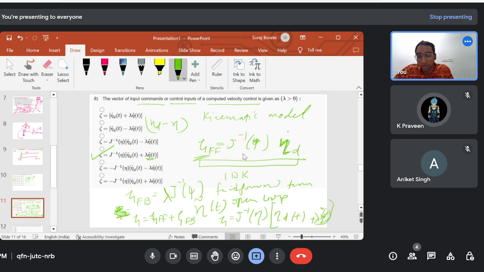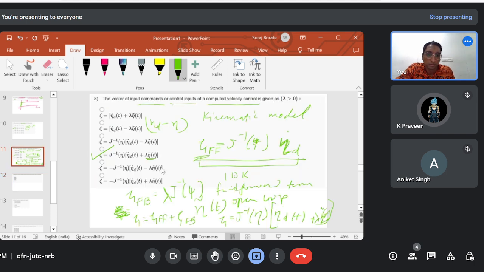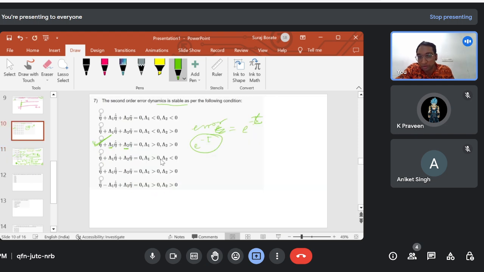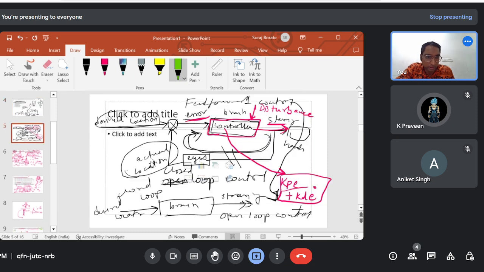If you have any doubts, you can please ask. So we want both the feed forward and the feedback term. I explained feed forward and feedback in this slide, right? So this is the feedback and this is feed forward.